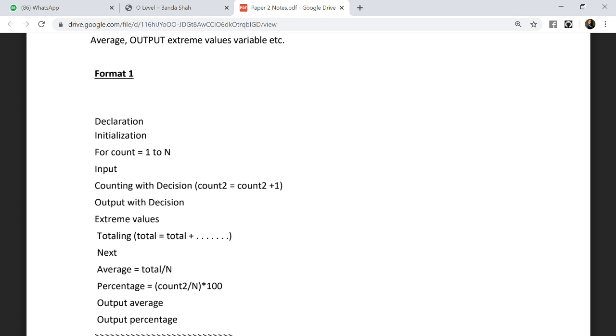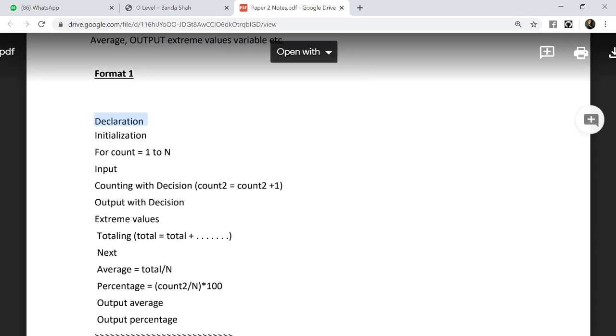This format approach is to help you so that even if you are not able to solve the whole question, you should be able to solve parts of it. You can have that one picture, that one pattern in your mind: declaration goes on the top, the initialization is after that, the for loop is after that.